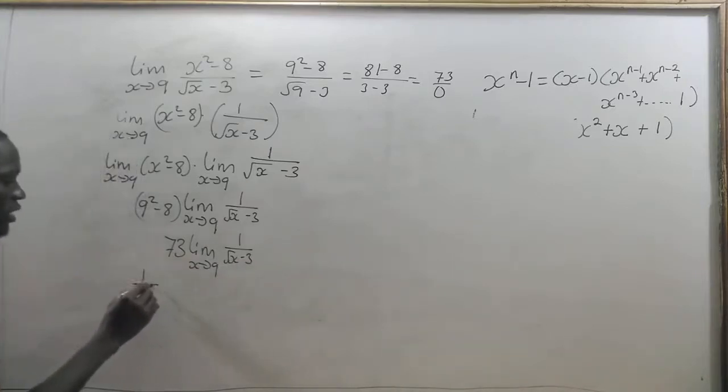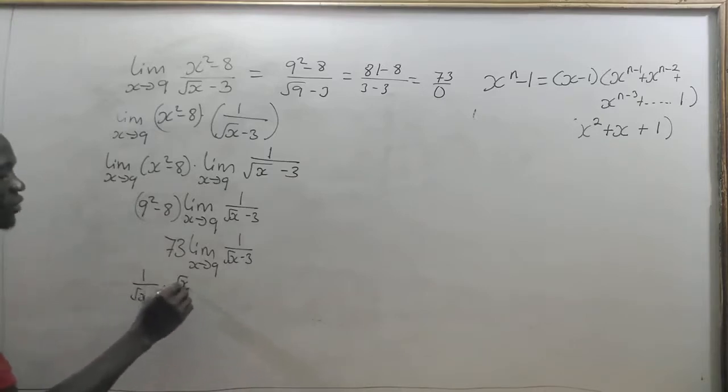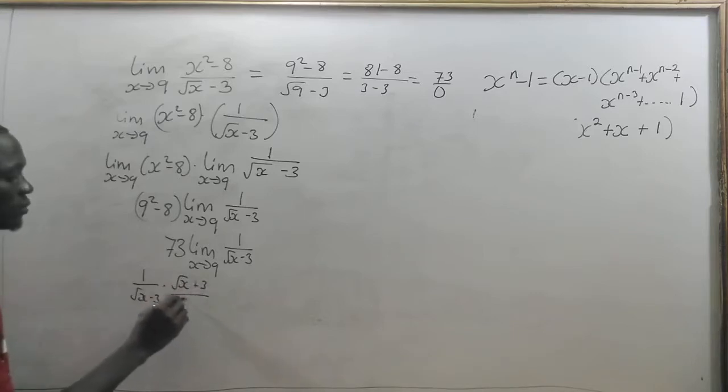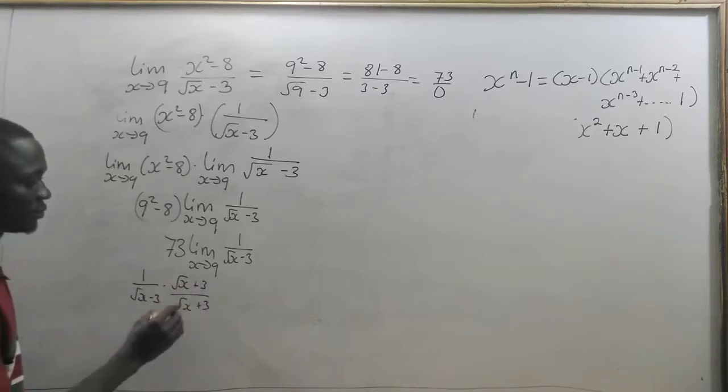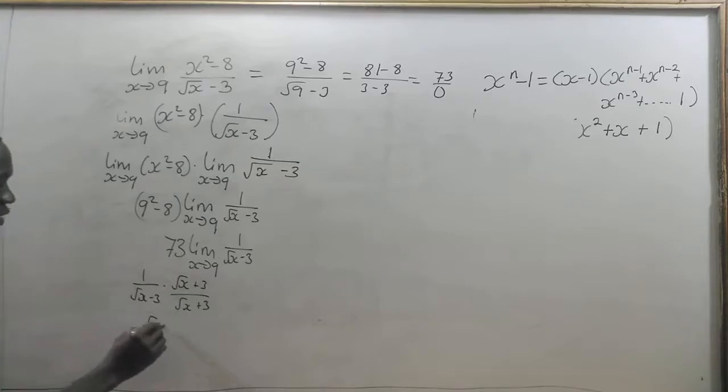We take 1 divided by the square root of x minus 3, times the square root of x plus 3 divided by the square root of x plus 3. The top will become the square root of x plus 3, and the denominator will become x minus 9.